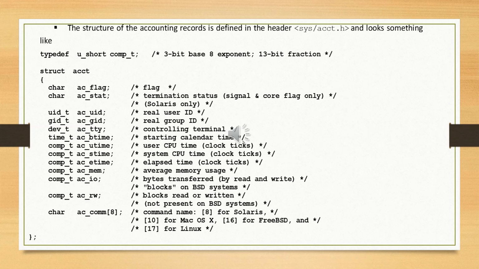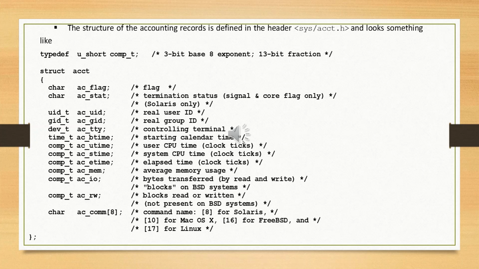Then ac_btime is the starting calendar time when the process was started. ac_utime is the user CPU time, in clock ticks, used by the processor for execution of that process. ac_stime is the system CPU time, also measured in clock ticks.